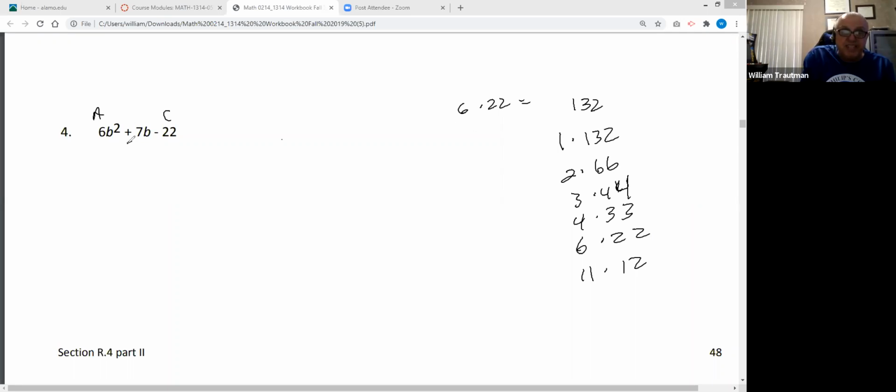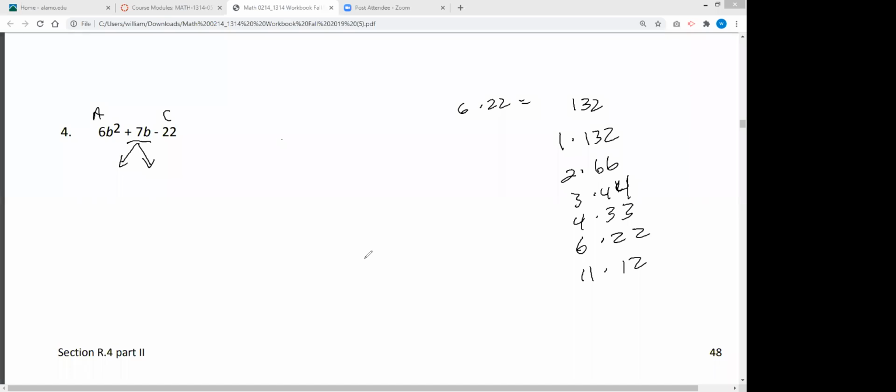How do I get a plus 7 out of it? Is there a way of getting a plus 7? Anybody see a way of getting a plus 7? I don't see it. Is it prime?